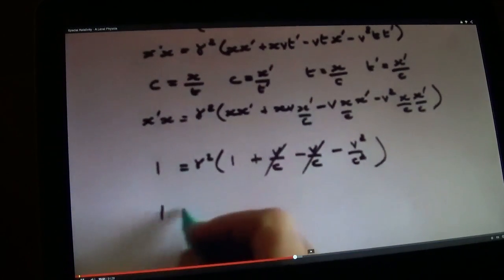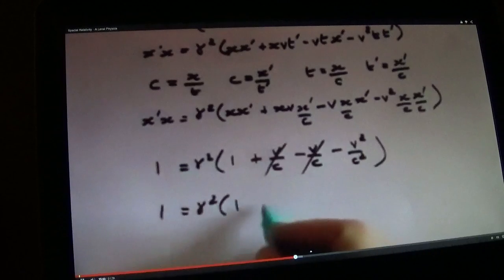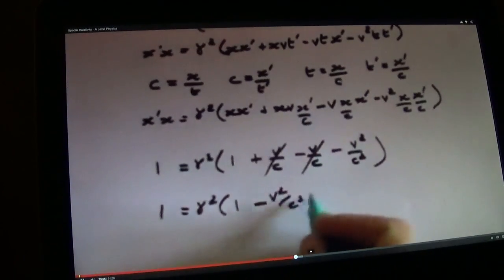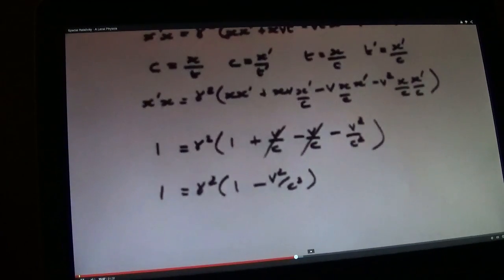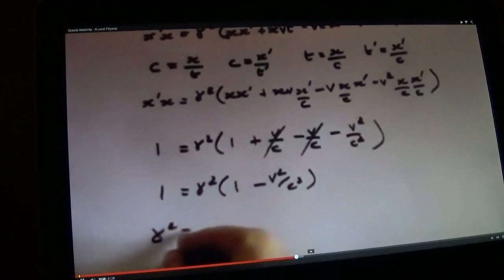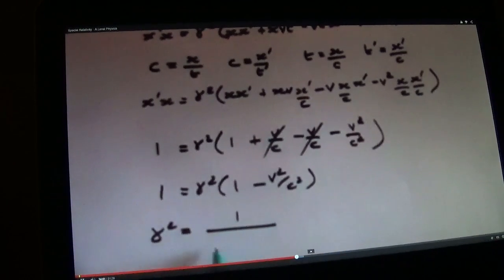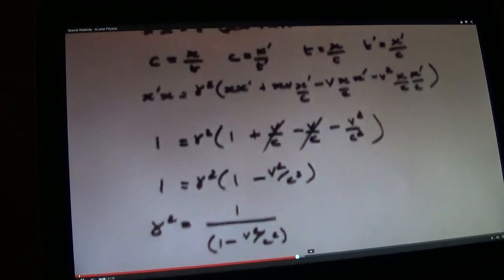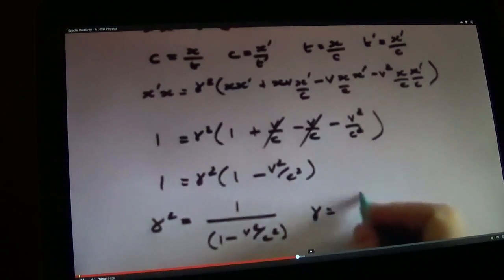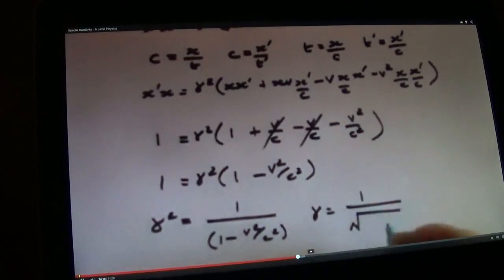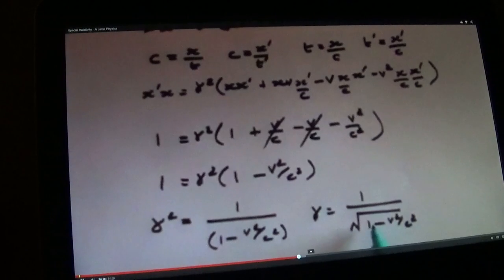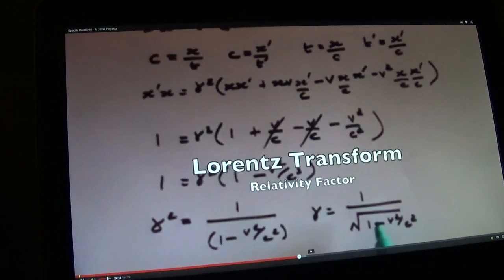And so we've now got that 1 is gamma squared into 1 minus v squared over c squared. Or, if you prefer, gamma squared is equal to 1 divided by 1 minus v squared over c squared. Or gamma is equal to 1 over the square root of 1 minus v squared over c squared. And that gamma is called the Lorentz transform.